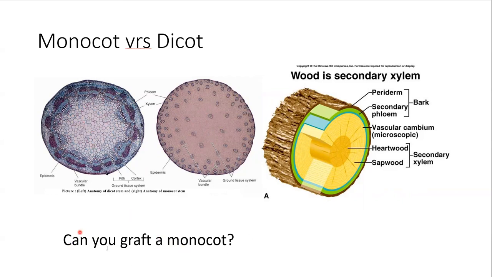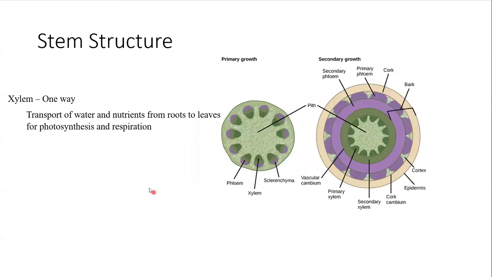Can you graft a monocot? Generally, the answer is no, but there's different things that can be done. So back to this diagram and looking at the different parts within the stem in this cross section. First, we're looking at xylem.